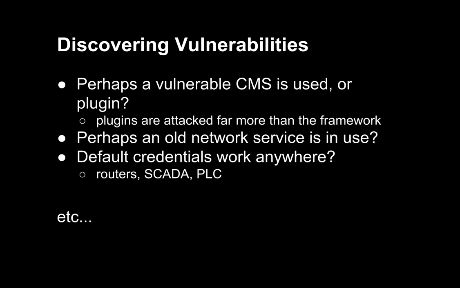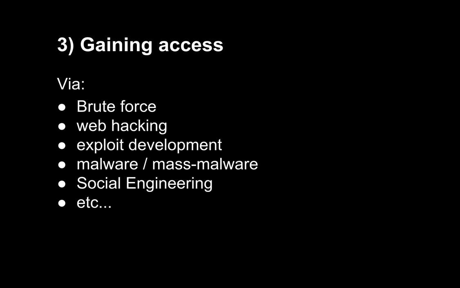You would be jaw-dropped to know how many manufacturer backdoors there are in critical infrastructure systems and in routers and devices like that, in what's generally considered embedded systems. It's just astounding. And at the end of identifying the attack surface is the art of gaining access, the art of exploitation.